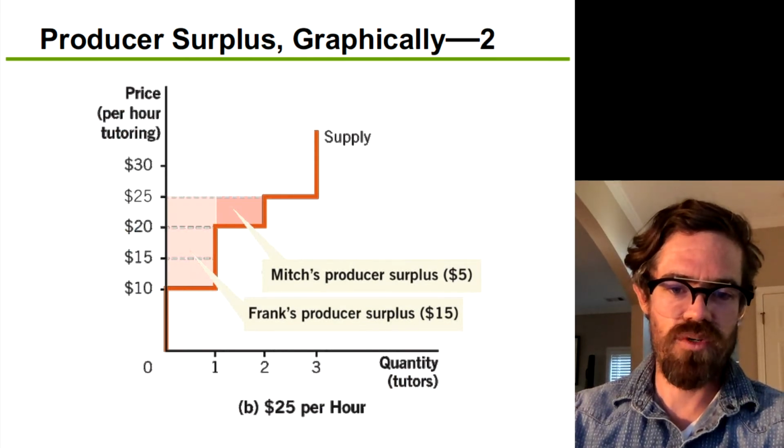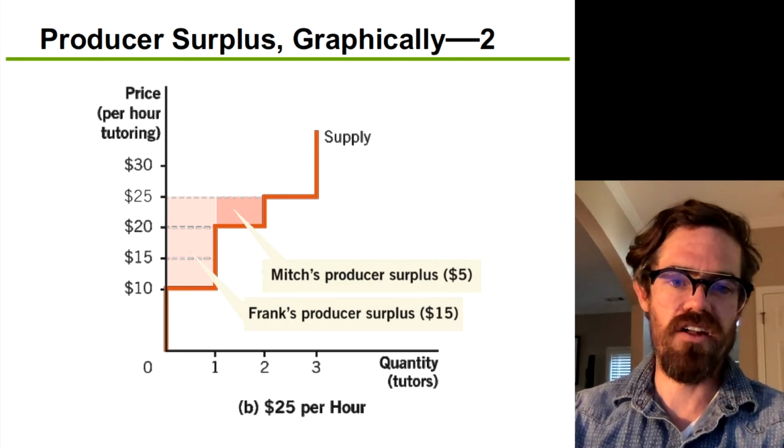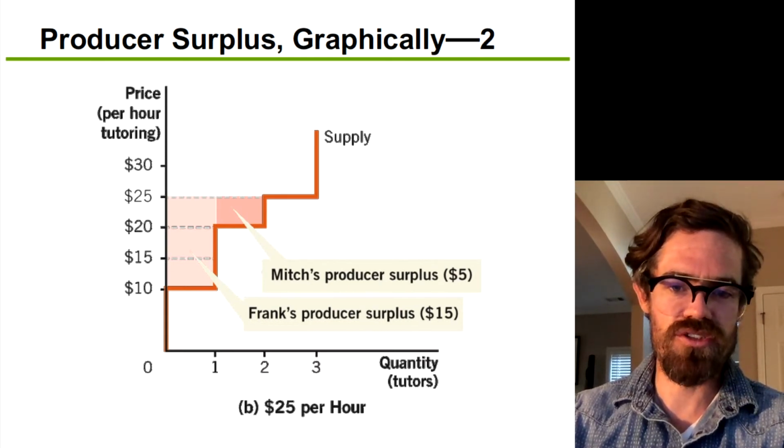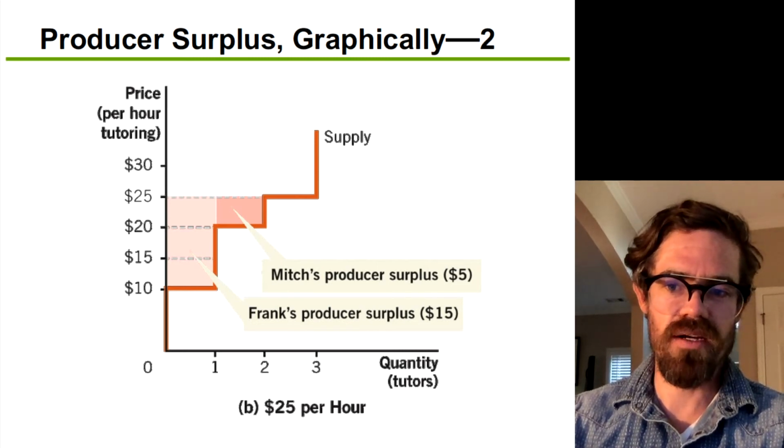If the price was $25 per hour, like in the original example, in that case, both Mitch and Frank would be willing to tutor. Frank would earn a whopping $15 an hour of producer surplus, and Mitch would earn $5 of producer surplus. So you can kind of think of it as, for sellers, the excess of what it would cost them.